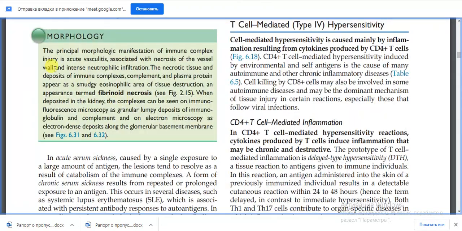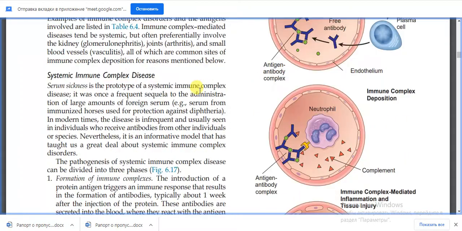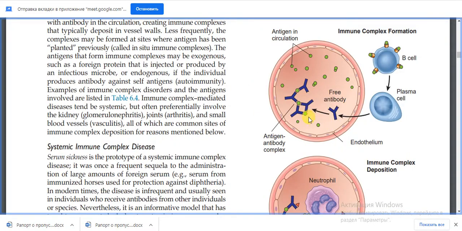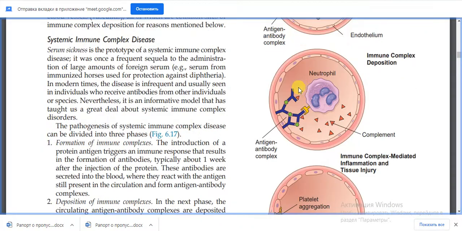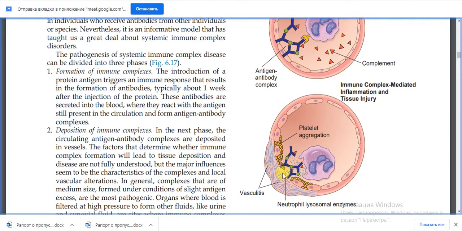Remember from the second chapter we discussed fibrinoid necrosis. Let's take a look at this diagram. This is the first reaction. Antibodies are attached to antigens, and then the antibody-antigen complexes are attached to the blood vessel, and this causes the activation of neutrophils, macrophages and complement. It causes destruction of the blood vessel and formation of immune responses like vasculitis.